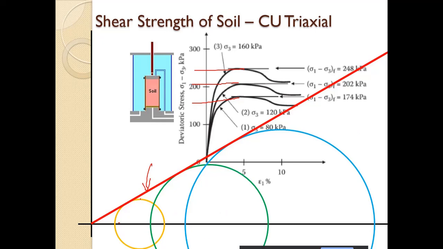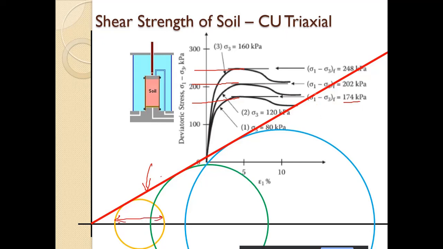After drawing that, we draw the tangent, and we get the Mohr-Coulomb failure line, or the failure plane. So here you see, this is sigma 1 minus sigma 3.